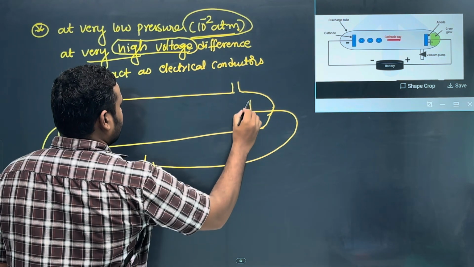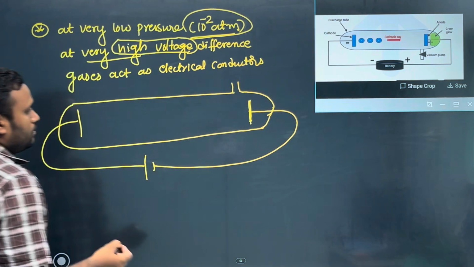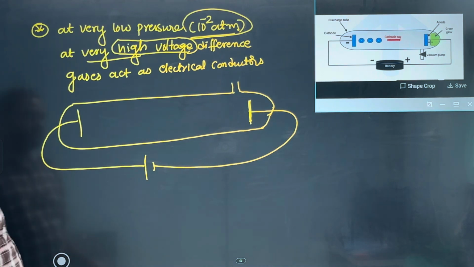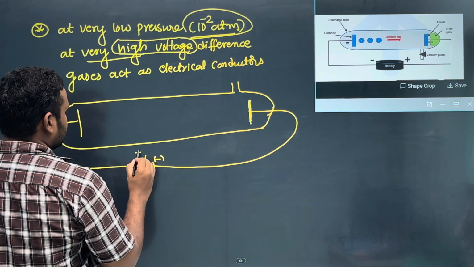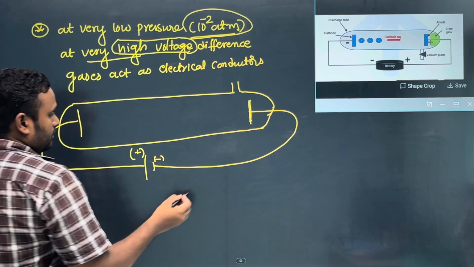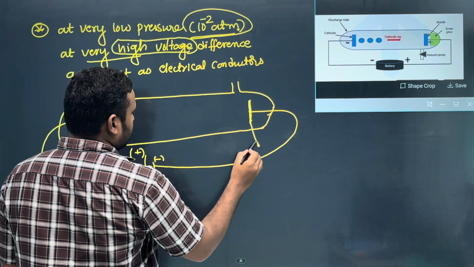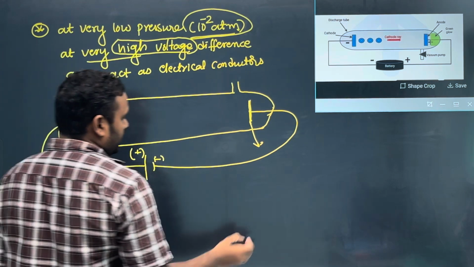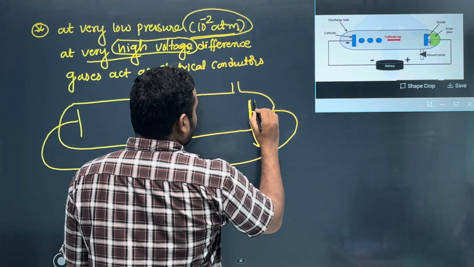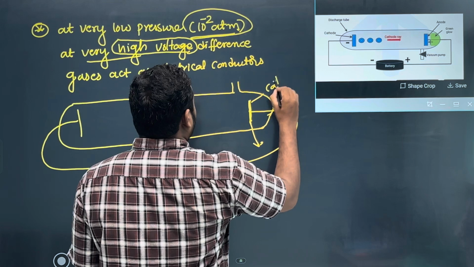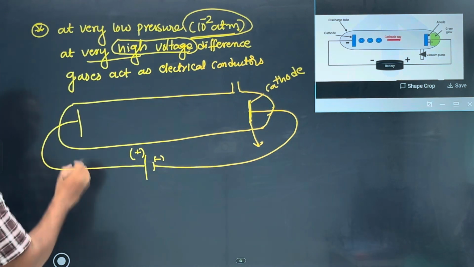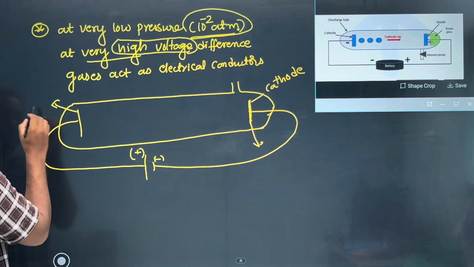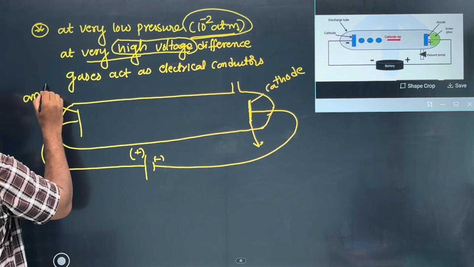One is connected to the anode, another is connected to the cathode. This is the negative terminal and this is the positive terminal. The electrode connected to the negative terminal is known as the cathode, and the electrode connected to the positive terminal is known as the anode.